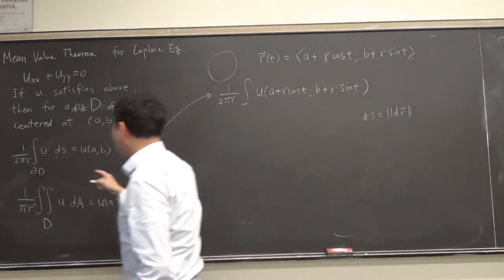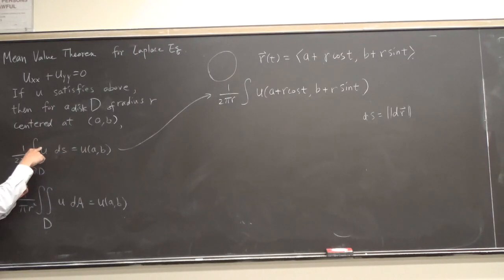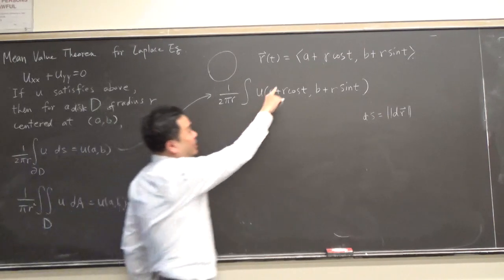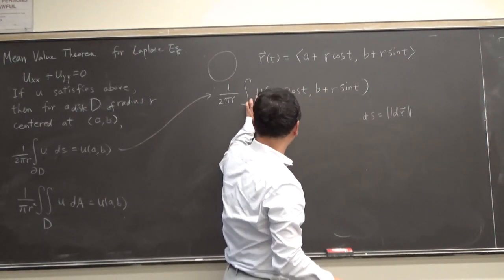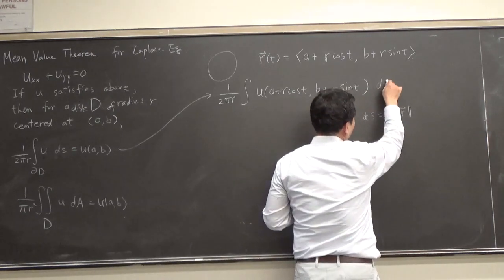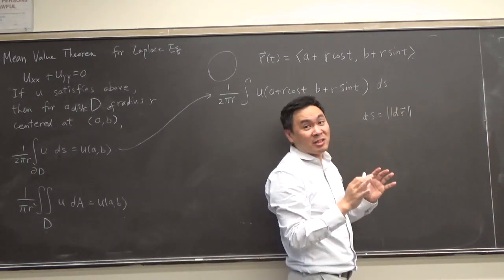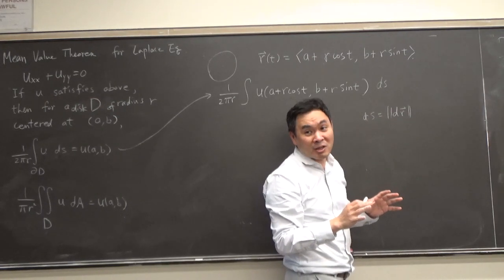So as we move around the boundary, you're really evaluating the u on this boundary, right? You agree? You're evaluating the function u at this boundary. But what is ds? Well, we don't know how to integrate by ds. We only know how to integrate by dt. So how do you integrate by dt?